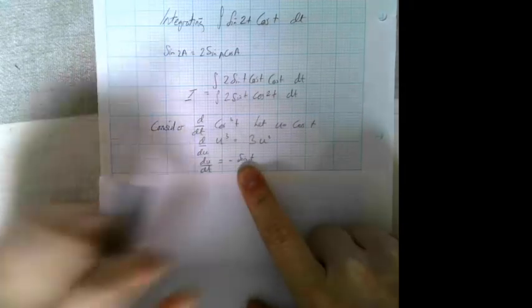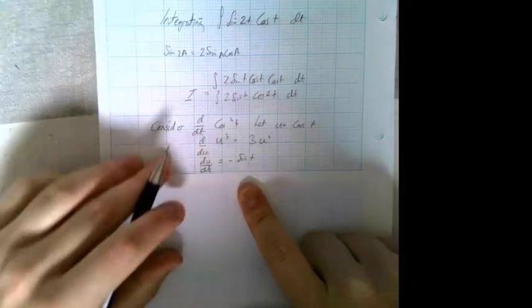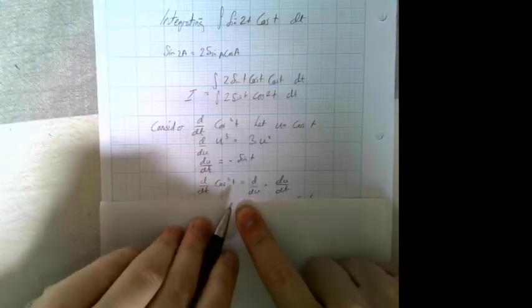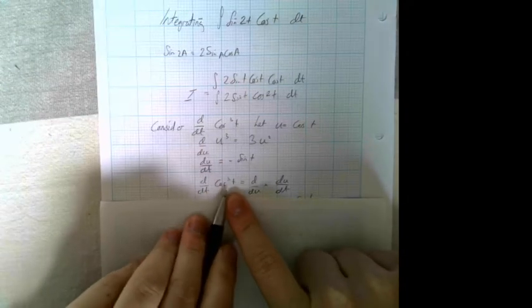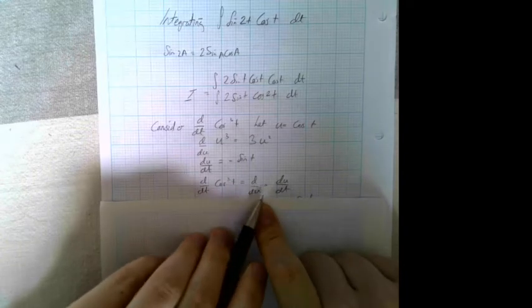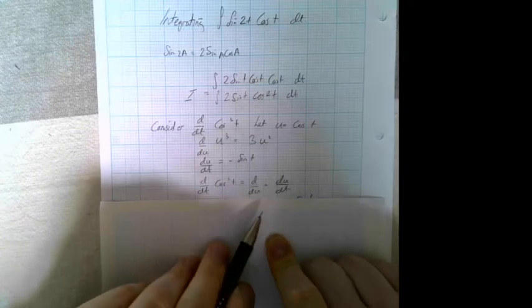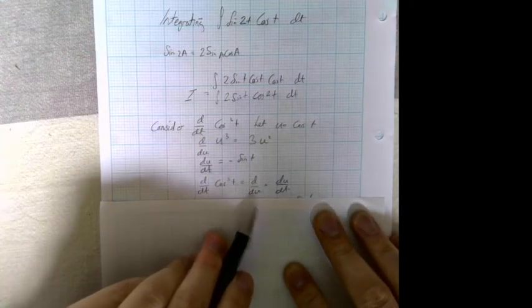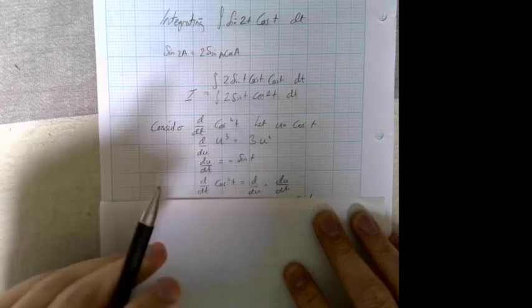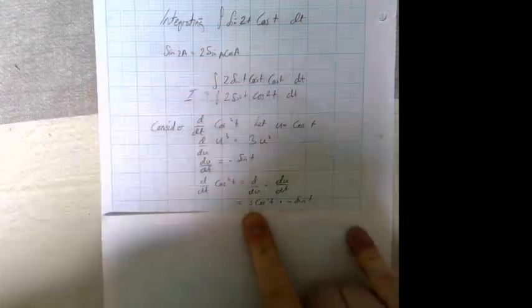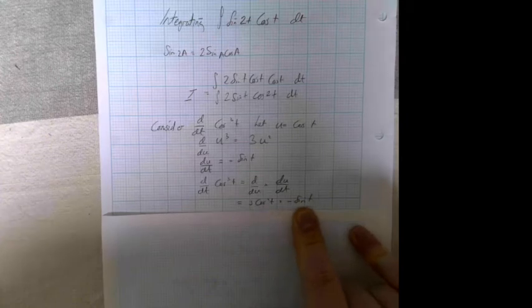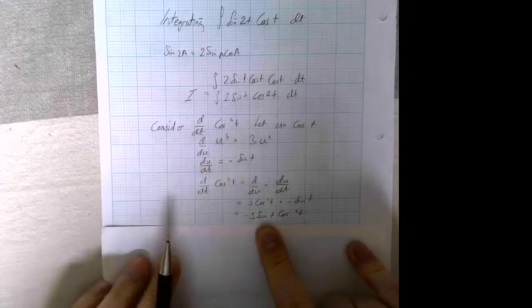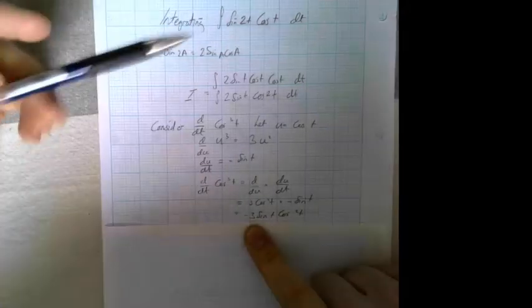Well, that would give me my negative sine t. So putting these together using my chain rule, the differential of cos cubed t would be d by du times du by dt. In other words, I'd get 3 cos squared t times negative sine t, and I'd have negative 3 sine t cos squared t.